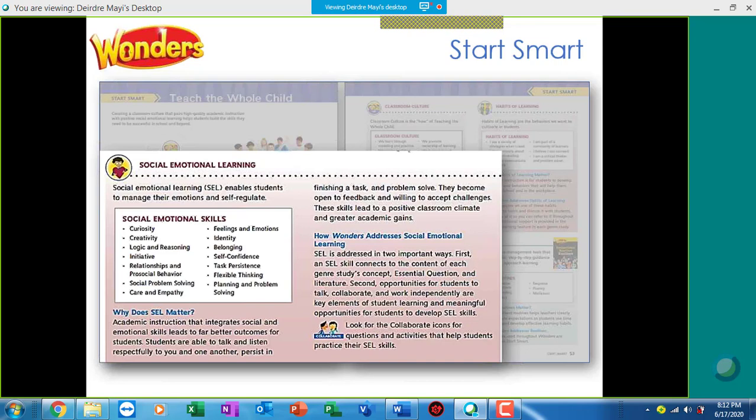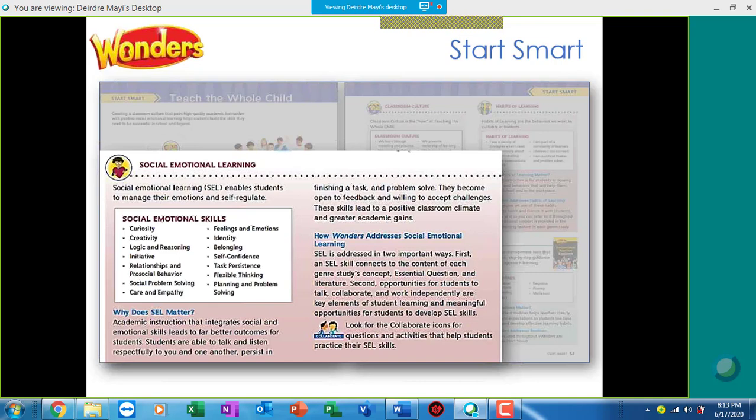Well, we're going to attach that social emotional learning skill to not only the theme and the essential question, but the text that students are going to be reading. And we also will address social emotional learning through giving students opportunities to talk to each other, to work together, but to even work independently.